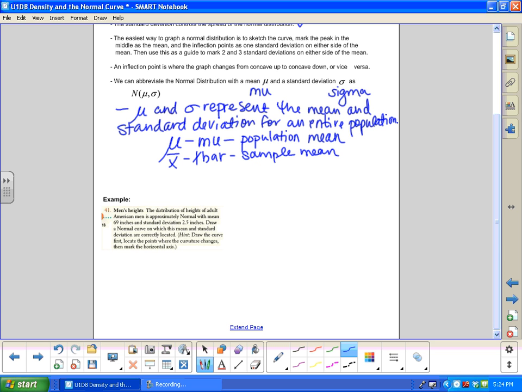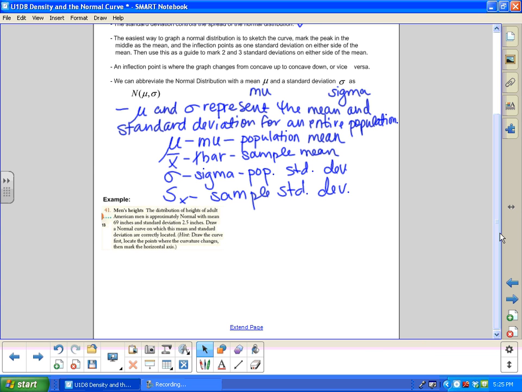And then sigma is our population standard deviation, and s sub x is our sample standard deviation. Now, it's going to be really important to us later to be able to distinguish between what happens in a sample and what happens in the population. And so that's why we have different letters to represent both.